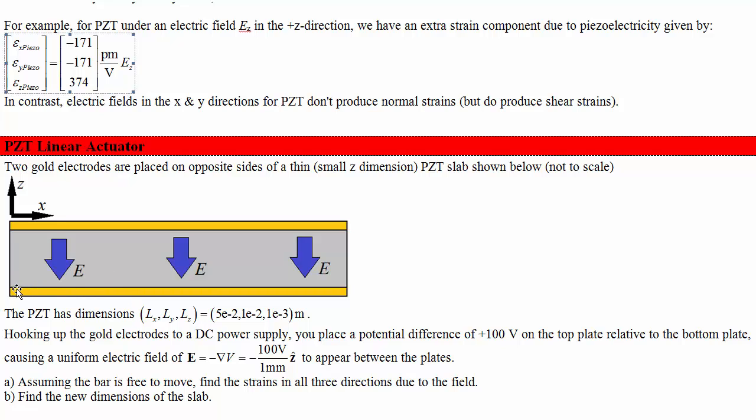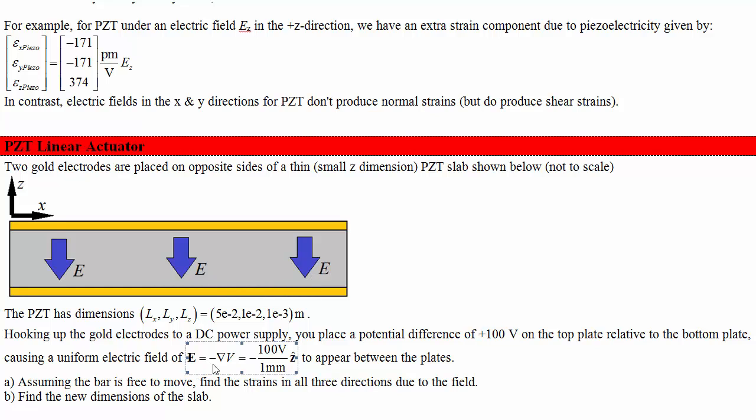And we're told that this is the positive X direction. Z direction is up. And so by using the right-hand rule, X cross Y is supposed to be Z for a right-handed coordinate system. Y is into the page rather than out of the page, if that matters. Now, hooking up the gold electrodes to a DC power supply, you place a potential difference of 100 volts on the top surface relative to the bottom surface, which makes the electric field point down.